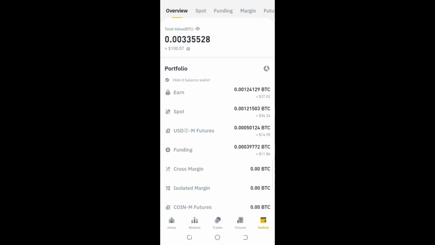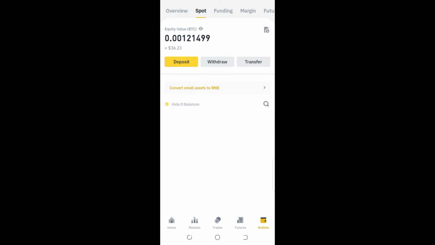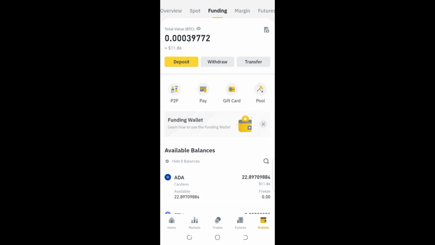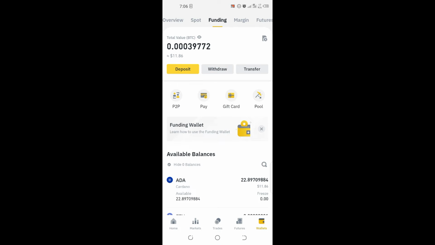So you have the spot wallet. If I send you cryptos, it will appear on the spot wallet, and my spot wallet shows that I have $36 US. You have the funding wallet. Funding here represents P2P. If you have funds on your P2P, they will appear here. Then you have the margin.